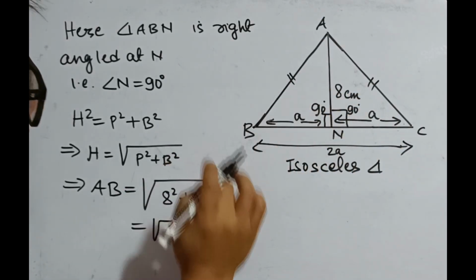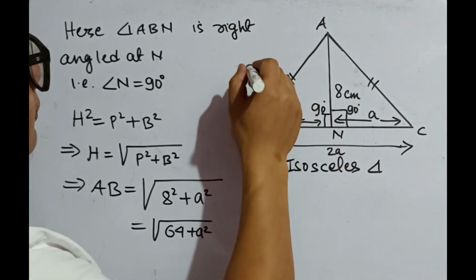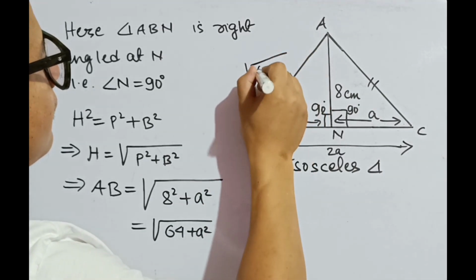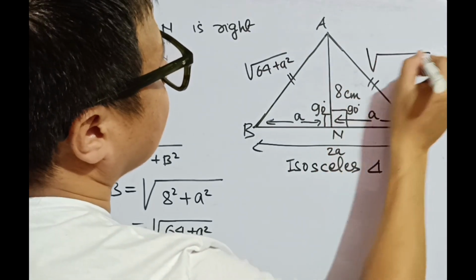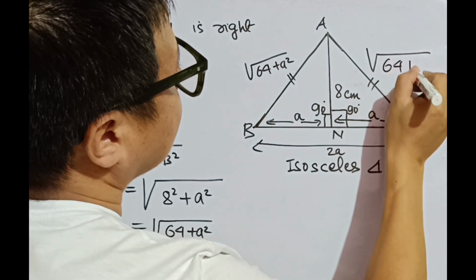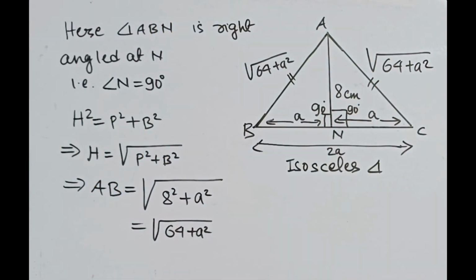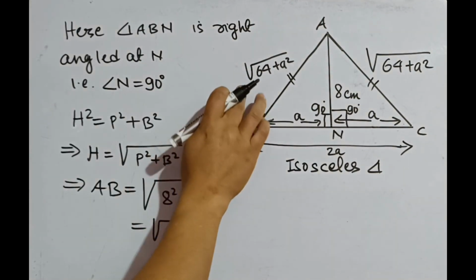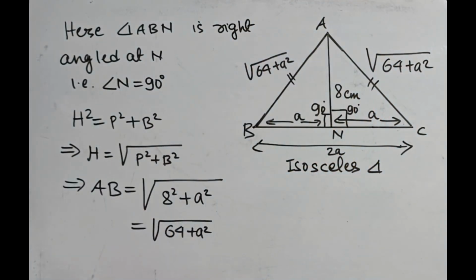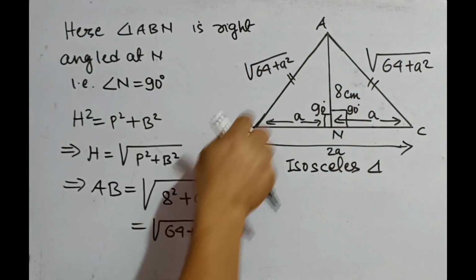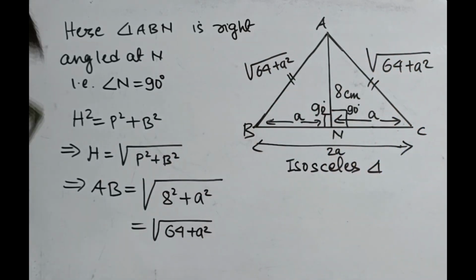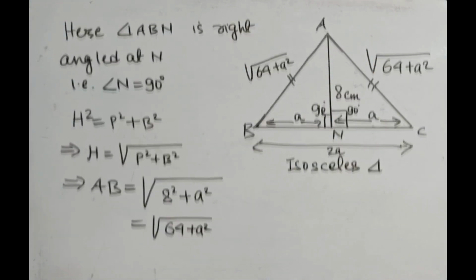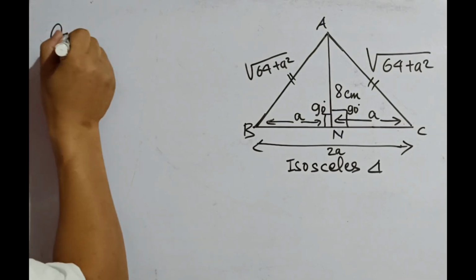Since these two sides are equal, for both sides we can write under root of 64 plus a square. This is the length of these two sides. And now we have found the length of these two equal sides. So if we add this length and the base, this will be the perimeter of this triangle.